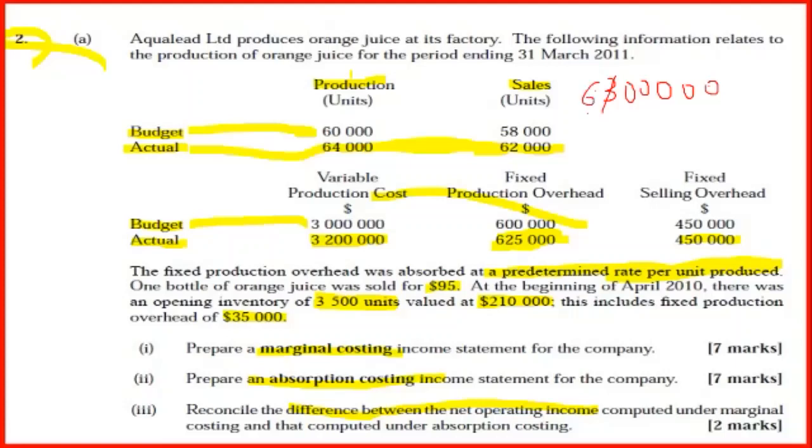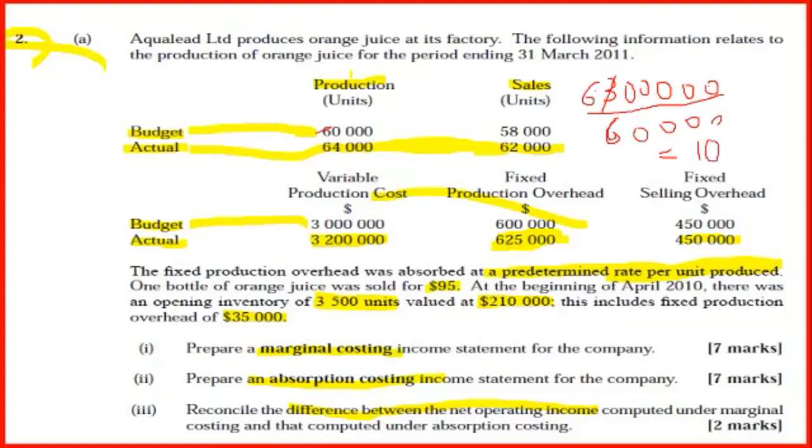And divided by the number of units budgeted, 60, right? And that is equal to 10.